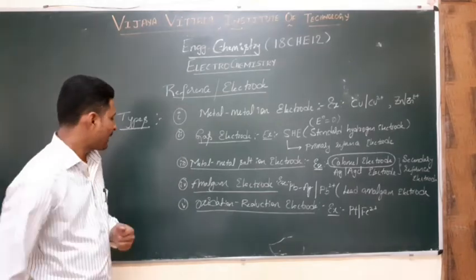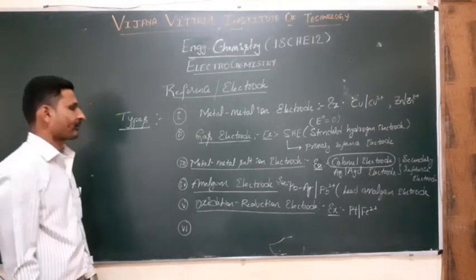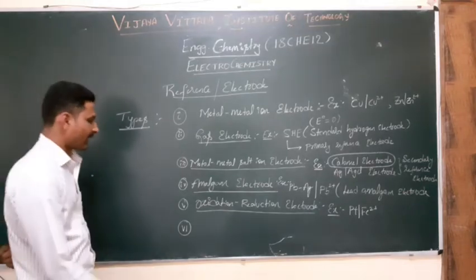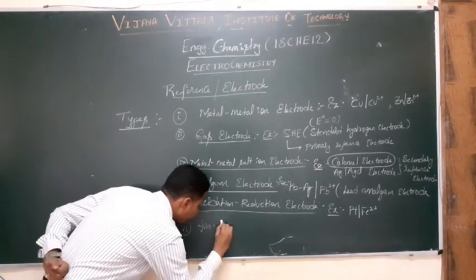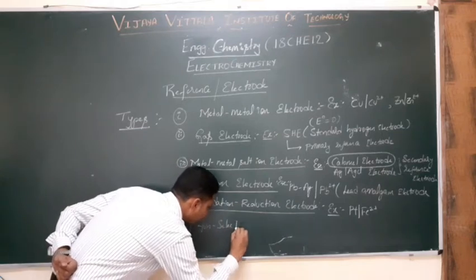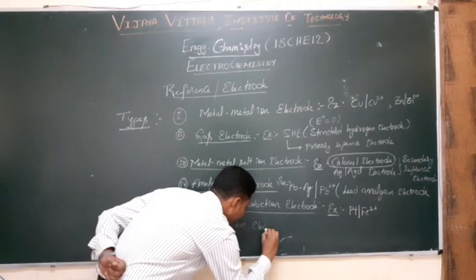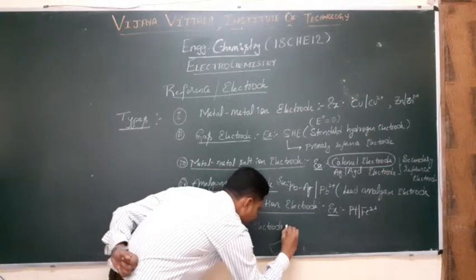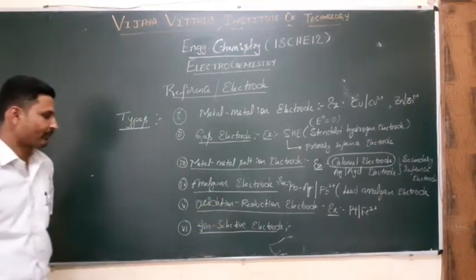And the last one is the ion selective electrode. This is very important. As the name itself says, it is selective.